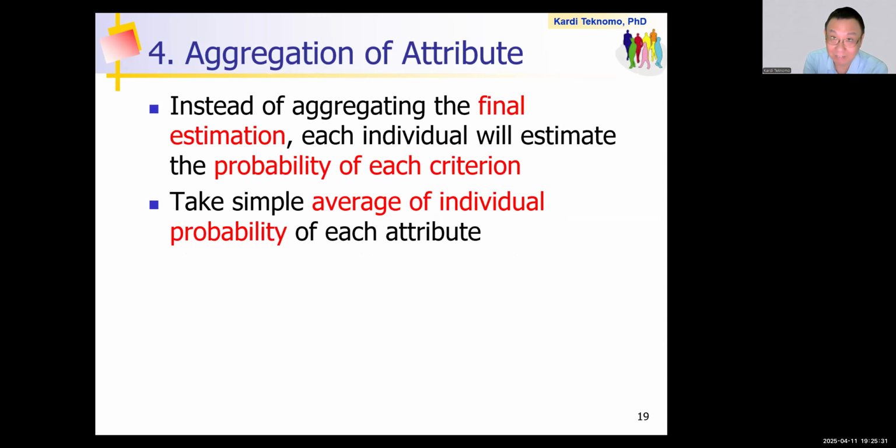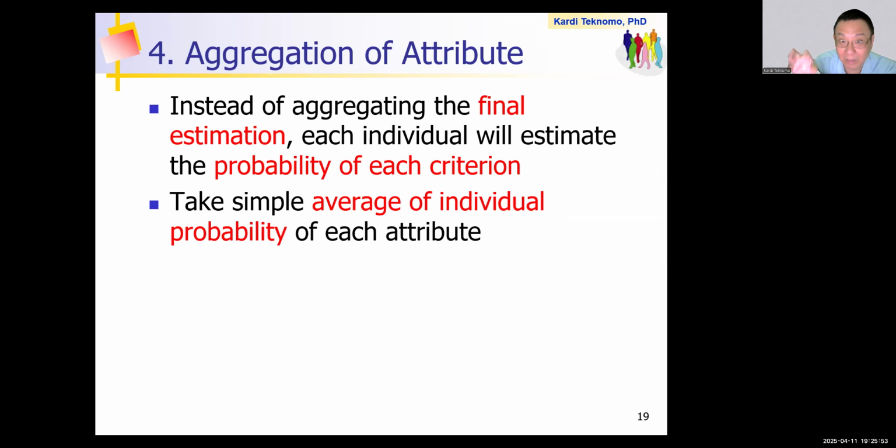This is the next function. We call this aggregation by attribute. Now, instead of aggregating by the final estimation, each individual will estimate the probability of each criterion.